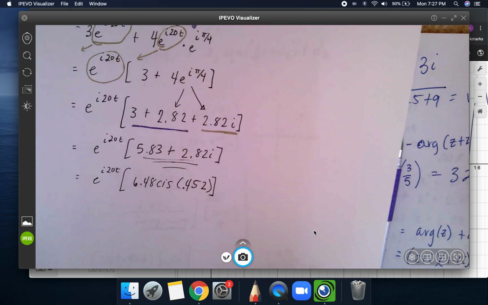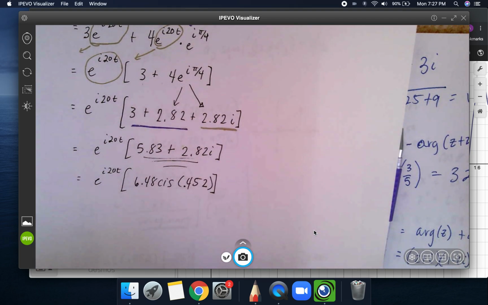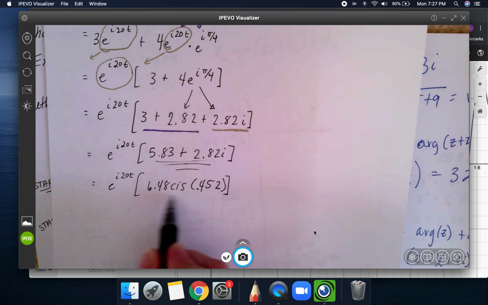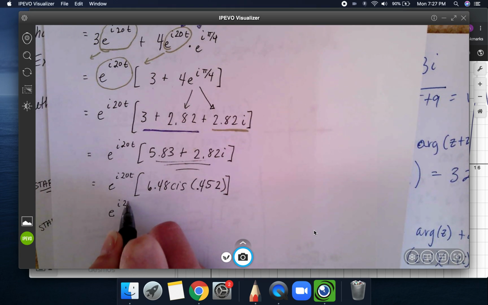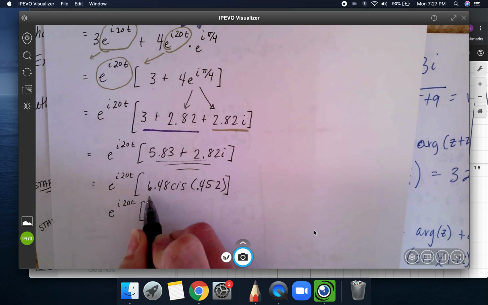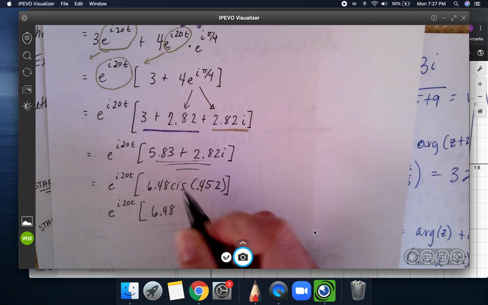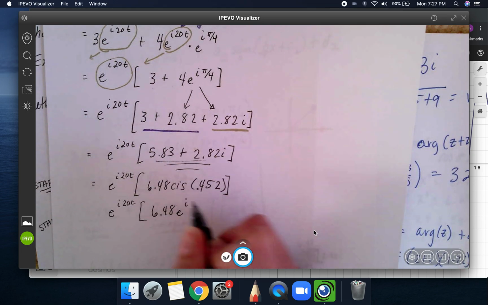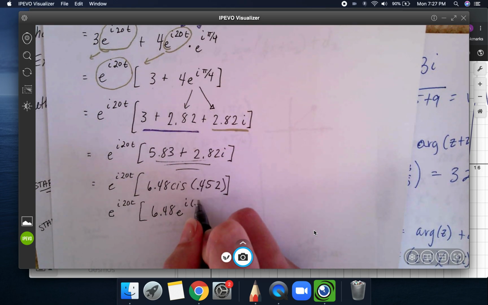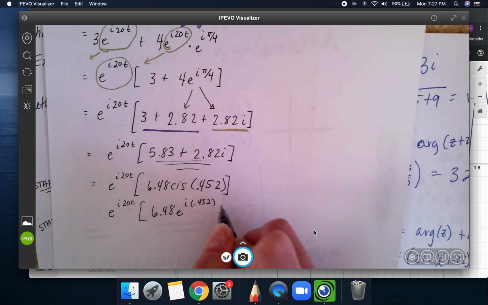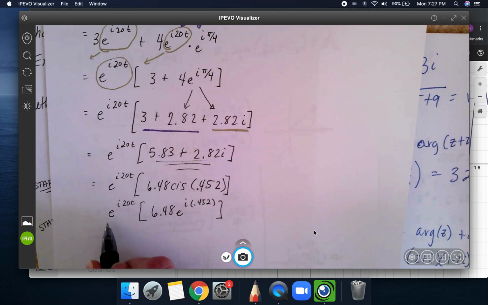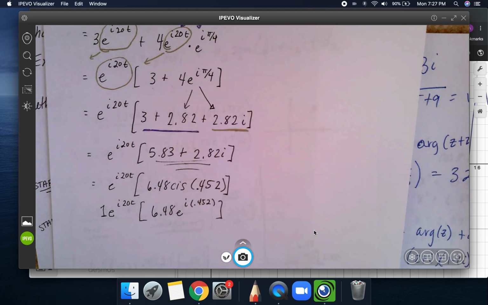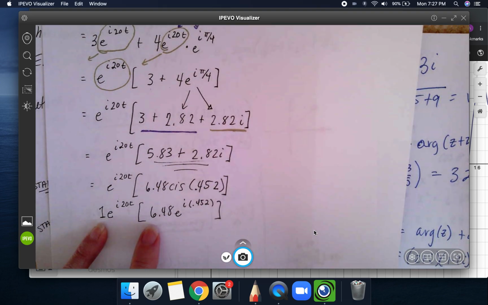So this is the clean, nice algebra, right? So now this guy right here is going to become e to the i 20t, and we're going to put this in terms of that Euler form, 6.48 e to the i 0.452. And now, being nice and tidy, we're going to say the magnitude on this is that, magnitude on that's that.